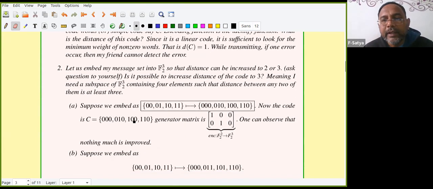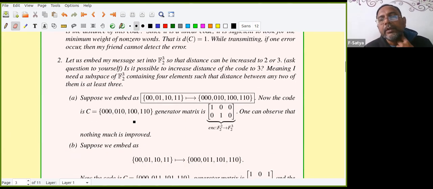Now, is there any way? Let us embed my message set into F_2^3 so that the distance can be increased to 2 or 3. Ask yourself: is it possible to increase the distance of the code to 3? Is it possible?